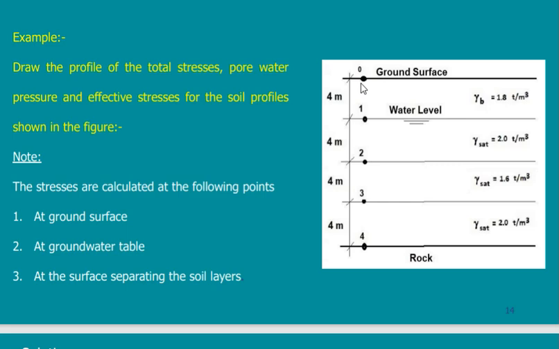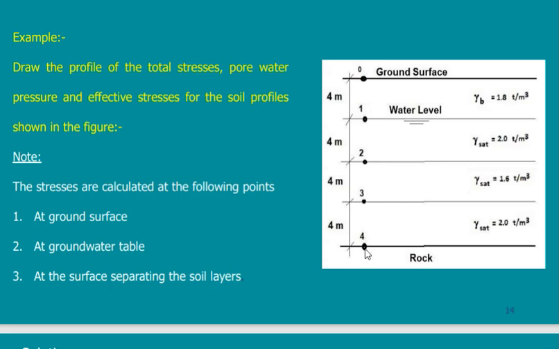Imagine that you are standing and nothing is on top of your head. So what is the stress on you? Zero. If you take a book and put it above your head, it will be the effect of one book. If you take 2 books, it will be the effect of 2 books, and so on. So this is what we are doing.